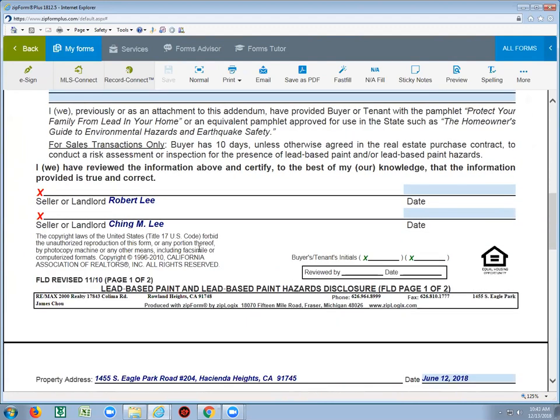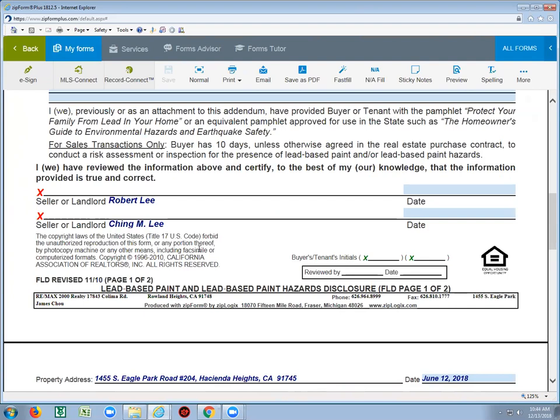And we previously, as an attachment to the addendum, have provided the buyer or tenant with the pamphlet Protect Your Family from Lead in Your Home and or an equivalent pamphlet approved for use in the state, such as the Homeowner's Guide to Environmental Hazards and Earthquake Safety. And for the sale transaction only, the buyer has 10 days, unless otherwise agreed in the real estate purchase contract, to conduct a risk assessment and inspection for the presence of lead-based paint and or lead-based paint hazard.